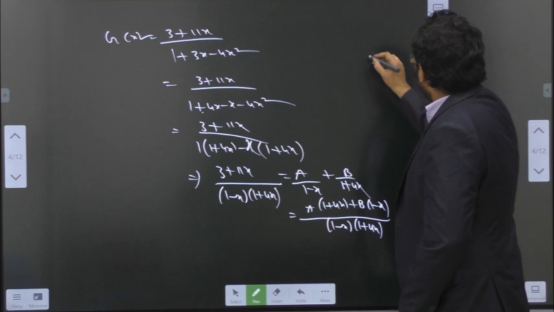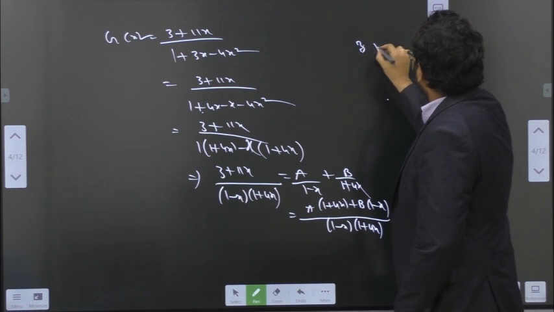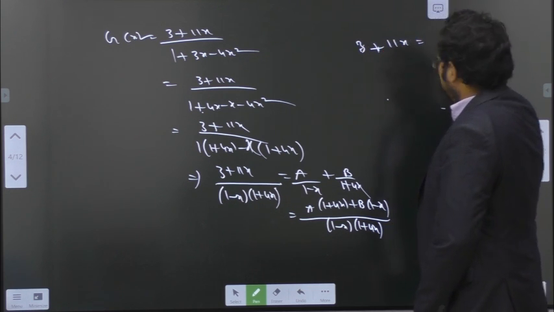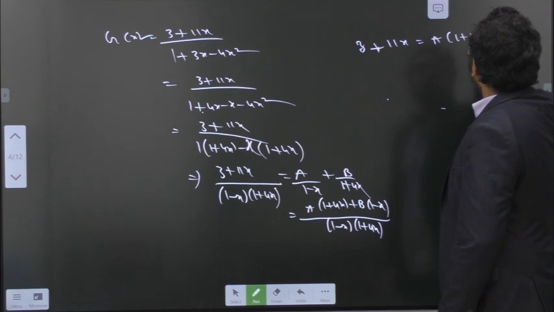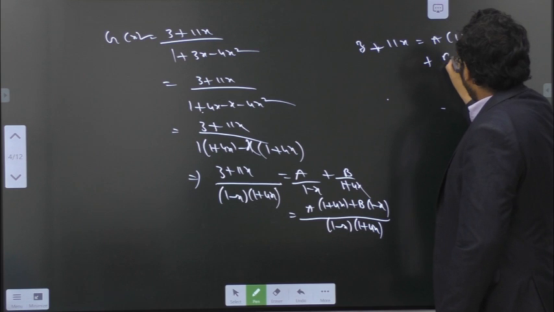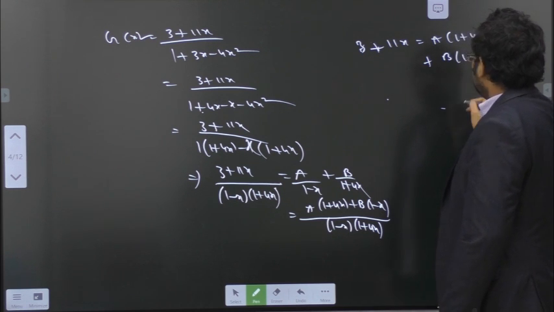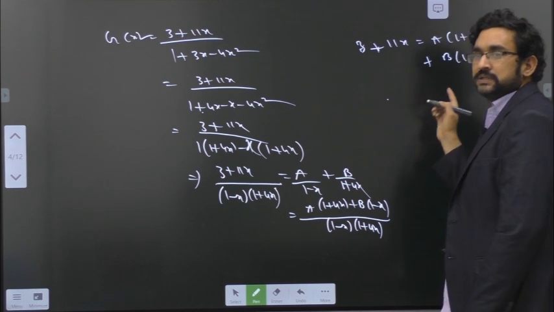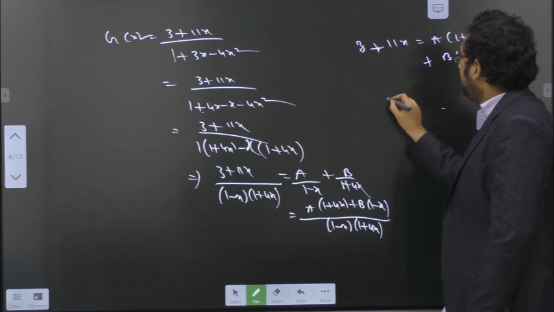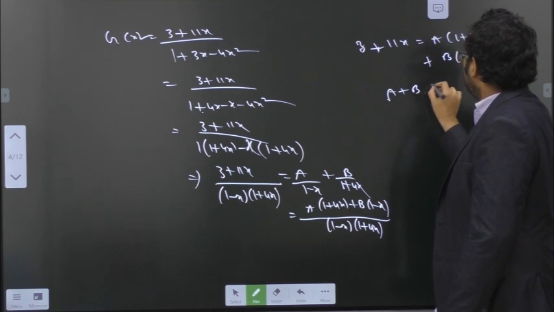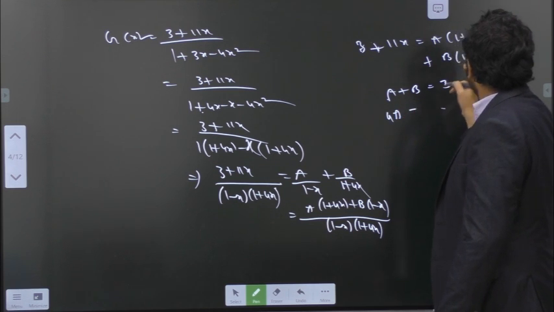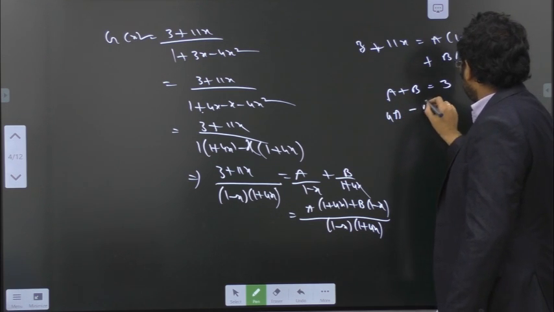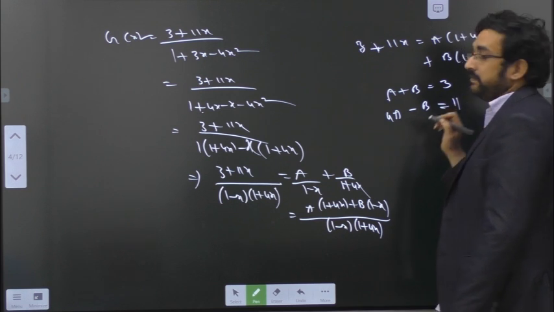So we will get 3 plus 11x equal to a into 1 plus 4x plus b into 1 minus x. Compare constant terms and x coefficients on both sides. We will get a plus b equal to 3, 4a minus b equal to 11.